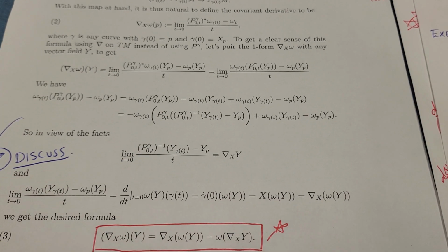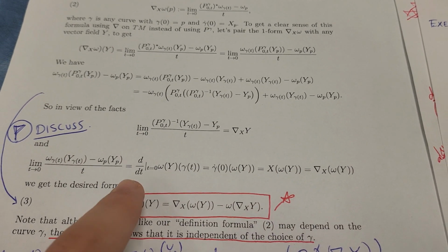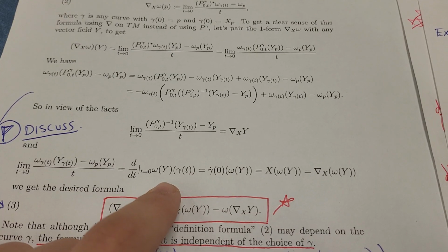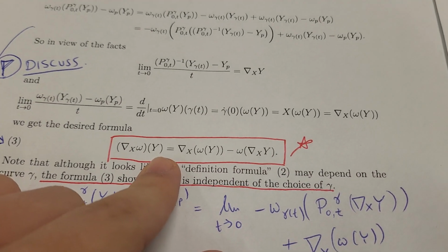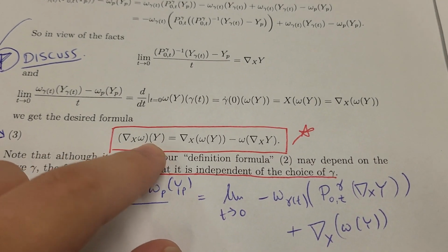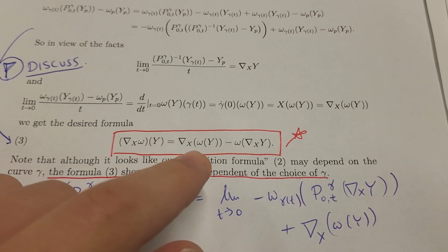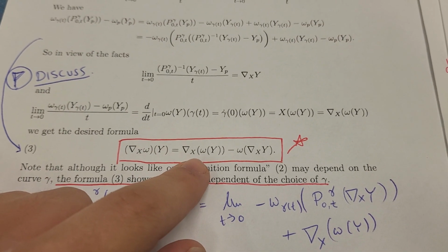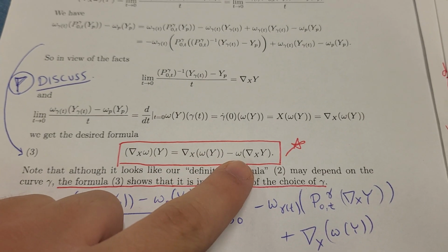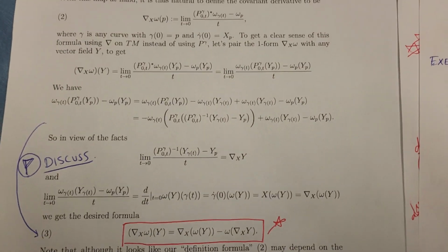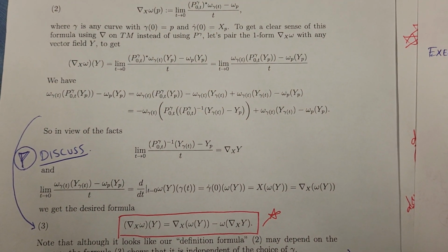And then in doing so, we can solve for this covariant derivative nabla x omega evaluated at the vector field Y, and it's namely nabla x of omega of Y minus omega of nabla x Y. So this algebraic process, which I skipped through, if you want to see the details, you can just pause the video, and the details are right here.